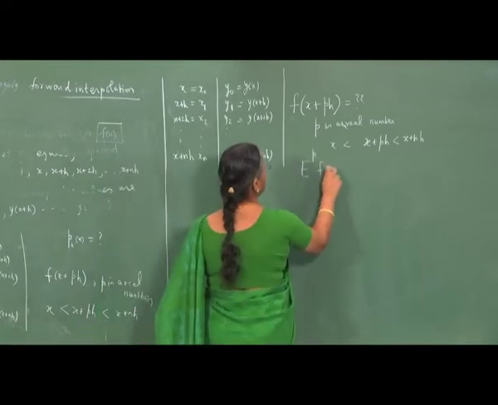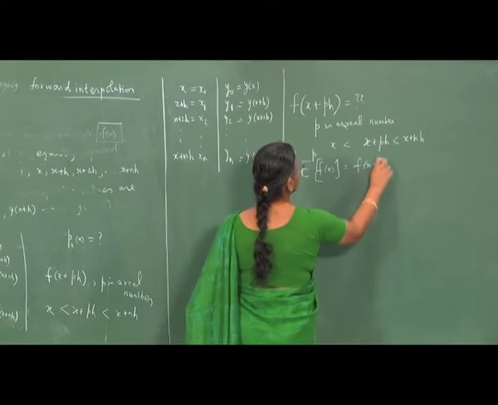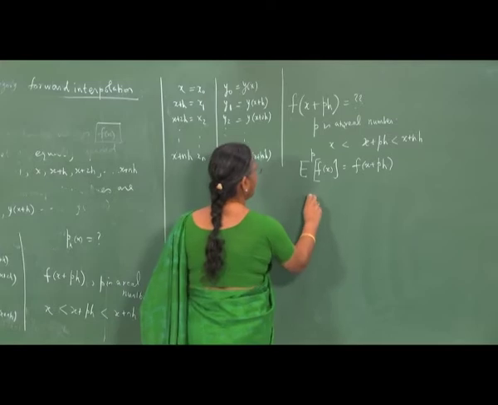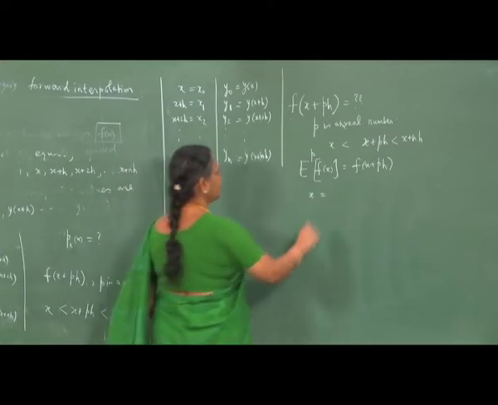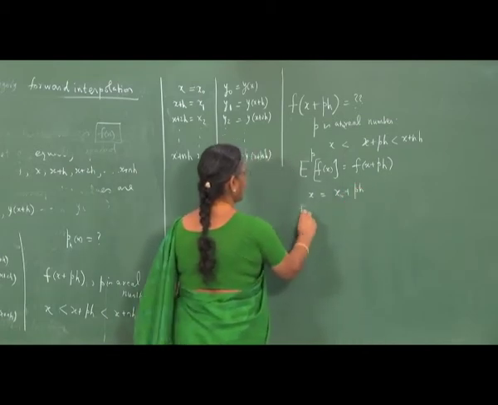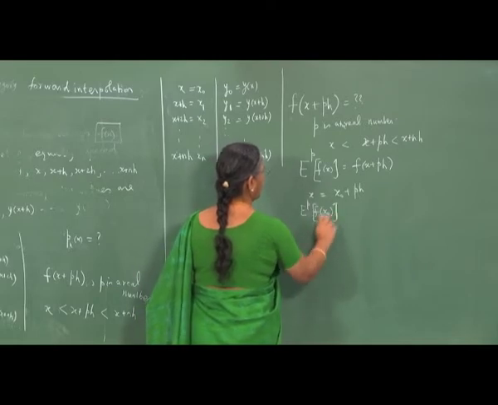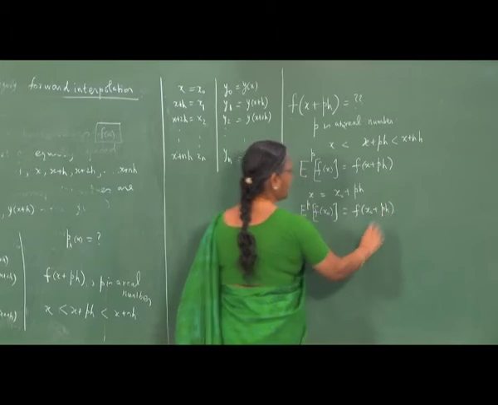E power p on f of x. By definition, it is f of x plus ph. So, let us get the information at x, which is x naught plus ph. Then E power p on f of x naught will be f of x naught plus ph.